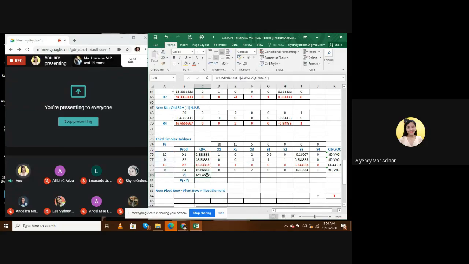And then, as I taught you, put a dollar sign, no? So that when you drag, it won't move. So, as you can see here, these two highlighted are multiplied. Then, drag, as you can see, the two are still multiplied. Okay, and then you drag until the last column. Okay, that is now our ZJ or our new profit.